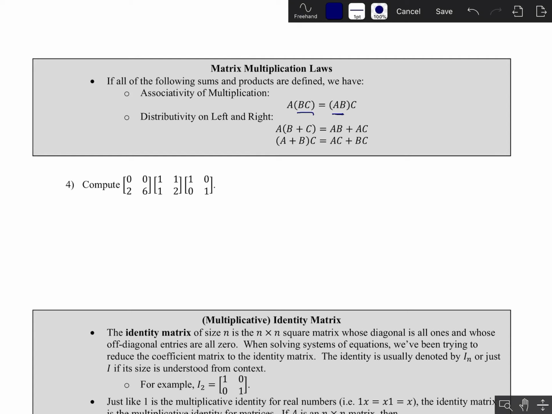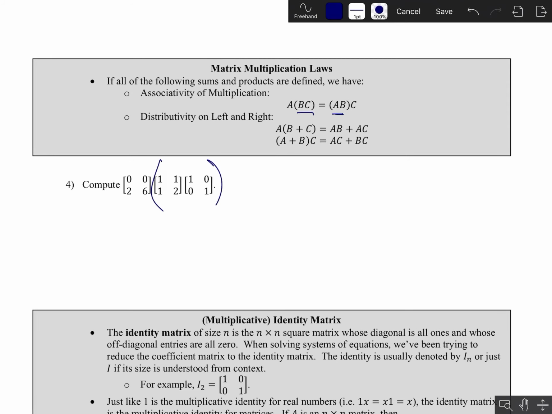But it doesn't matter how you associate the two. So for example, in problem 4 here, I am going to decide to first associate these 2 matrices on the right because I know how to multiply those pretty quickly. But it would also be okay to associate the ones on the left instead. So you could first compute the product in the parentheses here and then multiply it by the identity matrix. So it doesn't really matter which order you choose here.